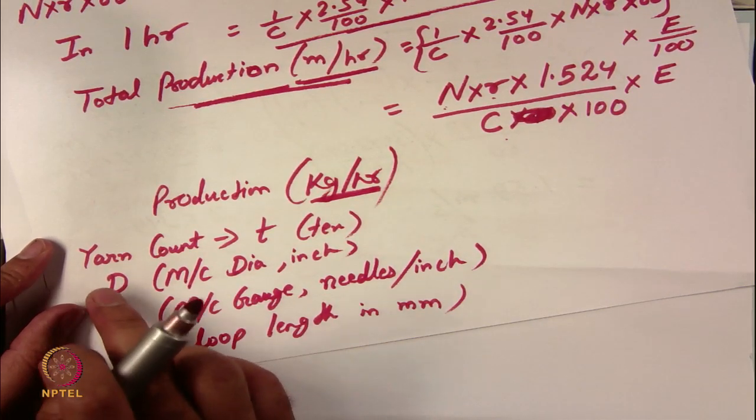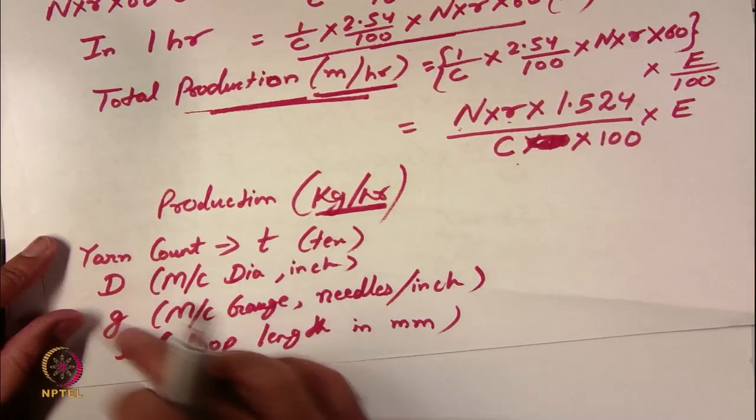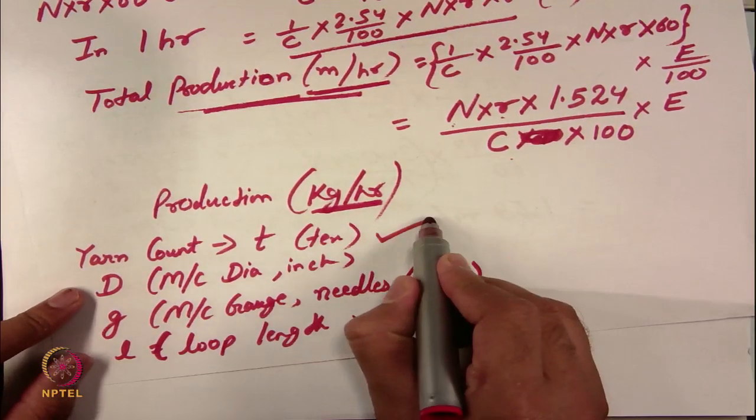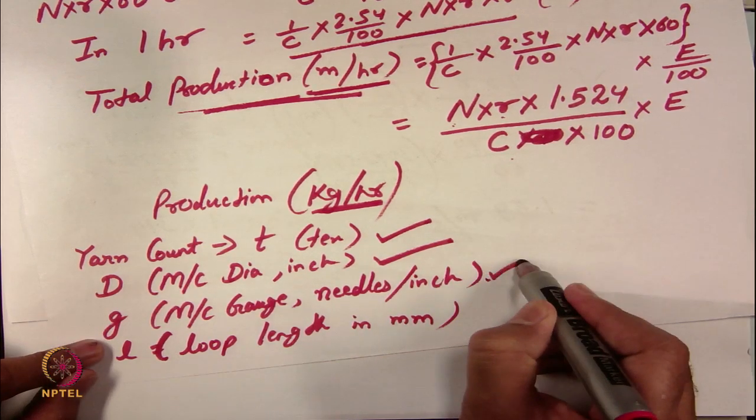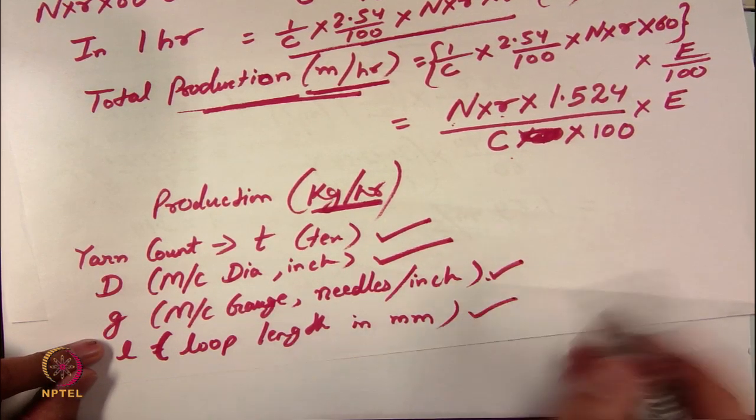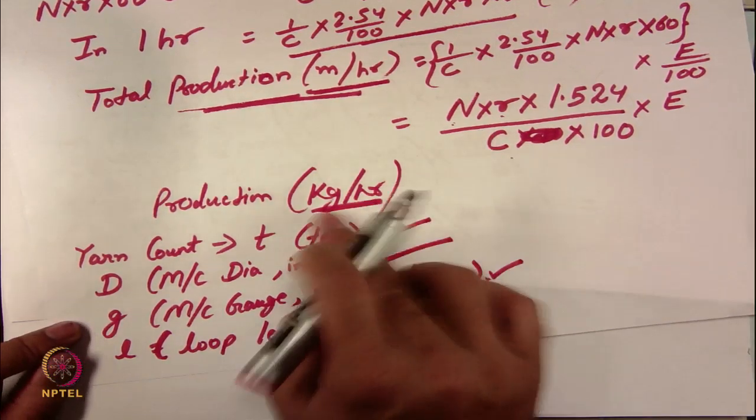So, if you have these additional 4 values, because this will be known to you, we will be knowing what count you are using, you will be knowing machine diameter, machine gauge, and loop length which you can measure. So, with this you can also find out the production in kg per hour.